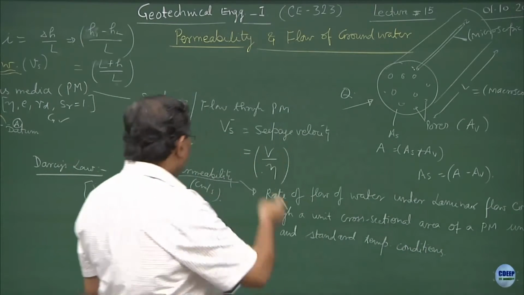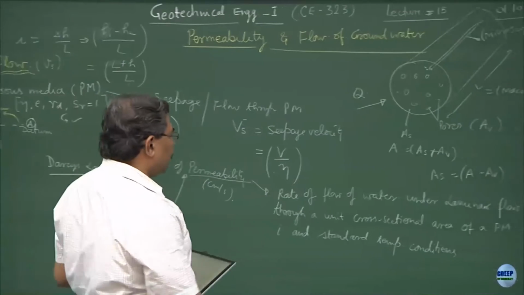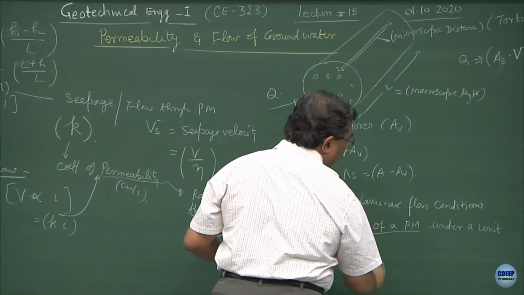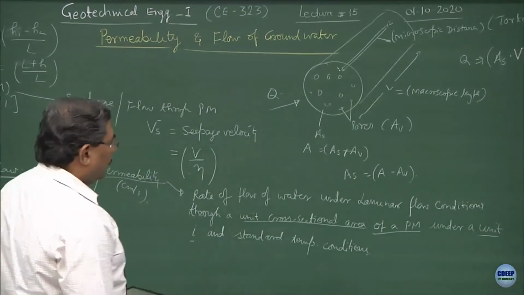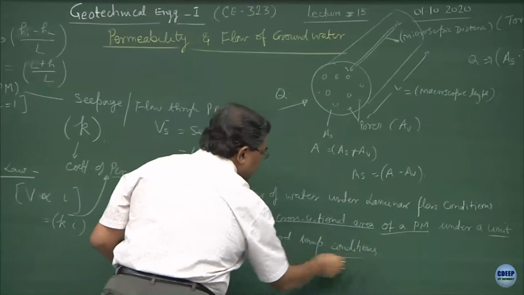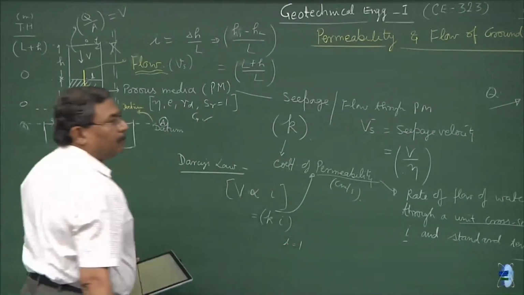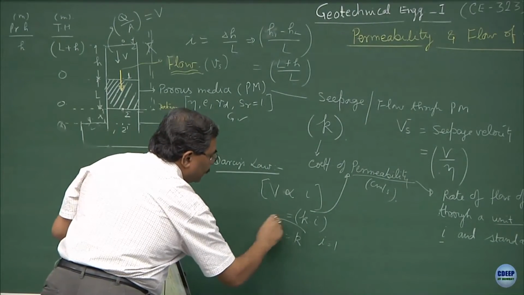So, basically permeability is the rate of flow of water under laminar flow conditions through a unit cross sectional area of a porous media under a unit hydraulic gradient and standard temperature conditions. That means, if I put I equal to 1, the discharge velocity is equal to k.